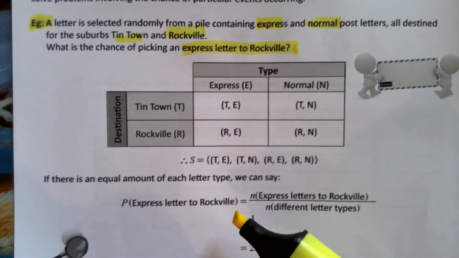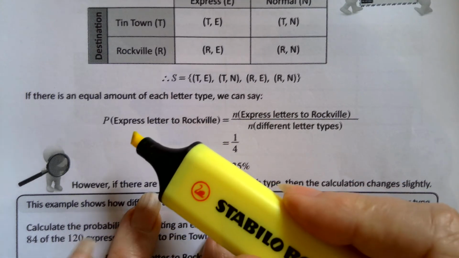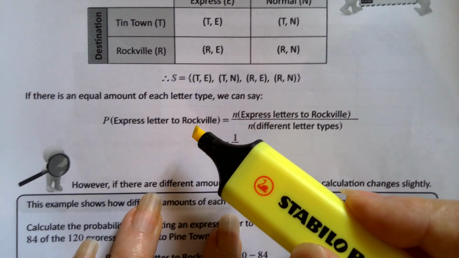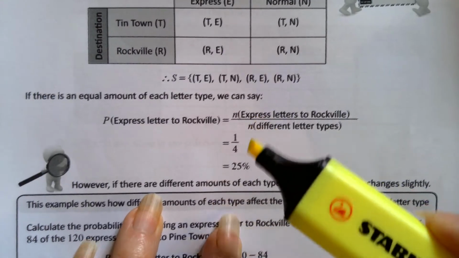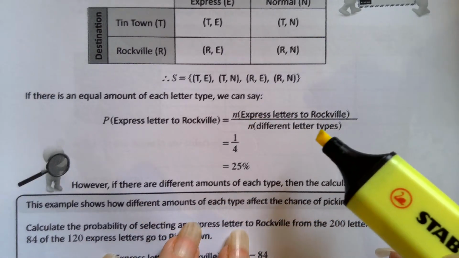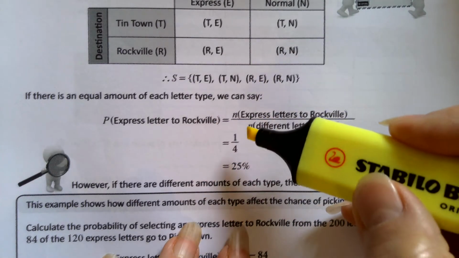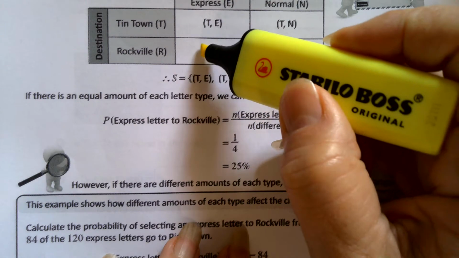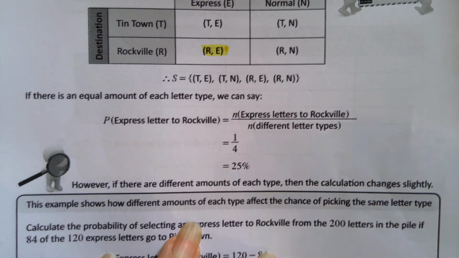And when we express this probability, remember the shortcut we had: the probability of the express letter to Rockville, that's straight out of the question, goes in the numerator or top, and underneath is all of the different ones that we've got. So if we want an express to Rockville, it's 1 in 4, isn't it? So therefore it is 25%.